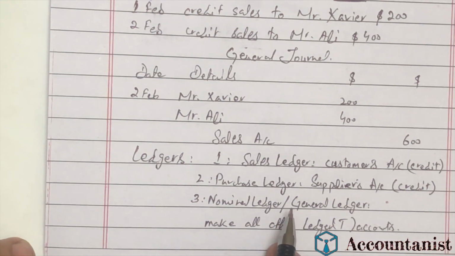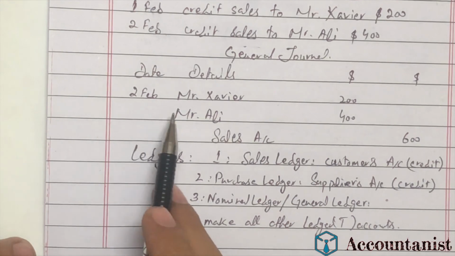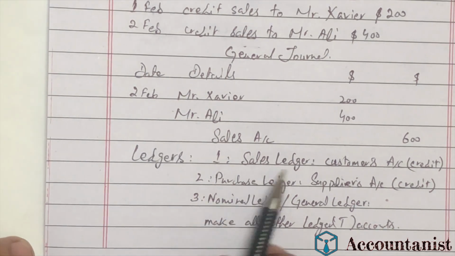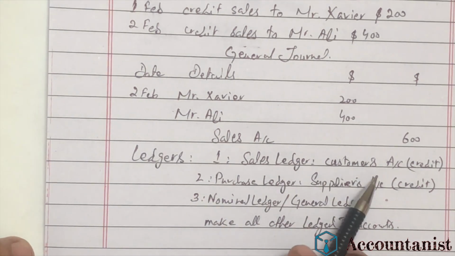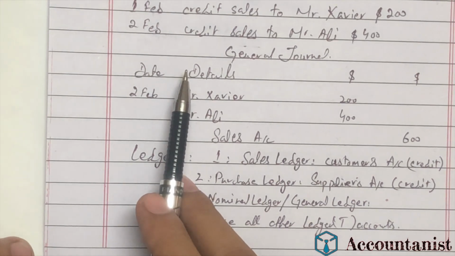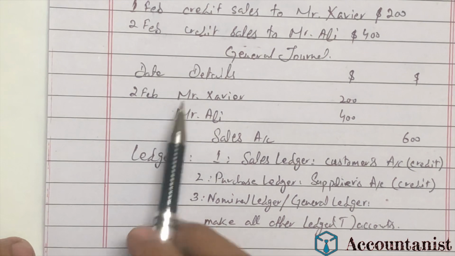So let's suppose in this scenario we have Mr. Xavier and Mr. Ali. The two are our customers, so we'll make their accounts in the sales ledger. If we are going to make a purchase journal or purchase daybook, we'll have credit suppliers' accounts that will come up here.